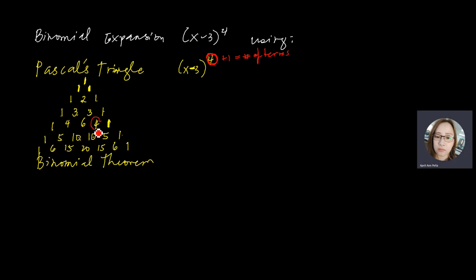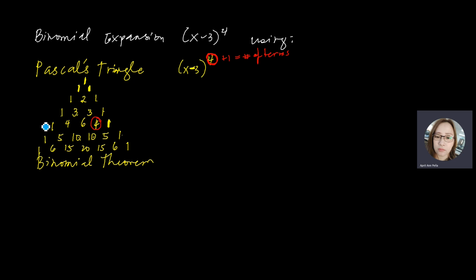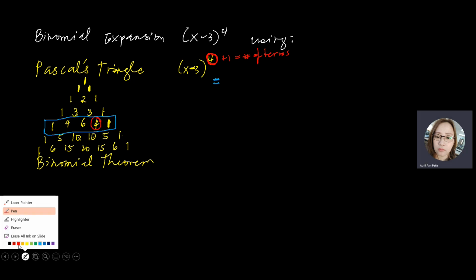So it means you're going to need this row that contains 1, 4, 6, 4, 1. These numbers will actually serve as the coefficients of your expansion, actually your solution.